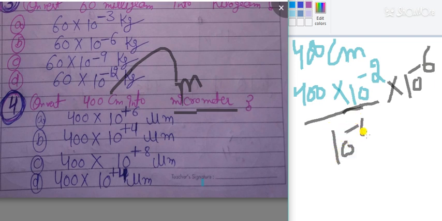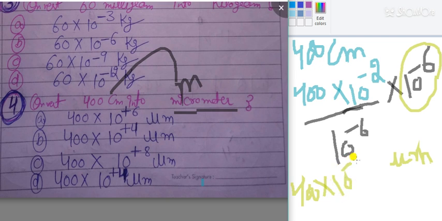and this 10 raised to the power minus 6 will be the unit, that is micrometer, and the remaining value will be your numerical value. So the numerical value will be 400 into 10 raised to the power minus 2 plus 6.